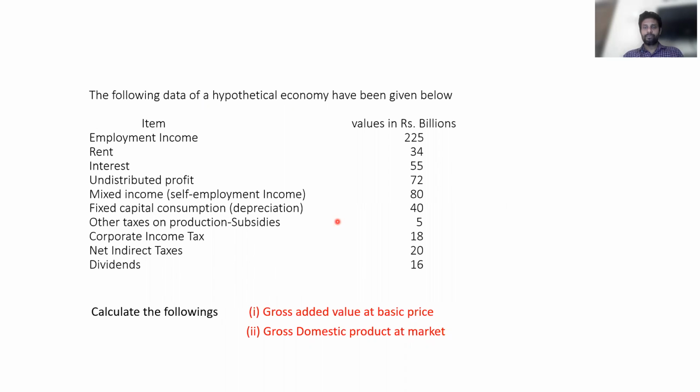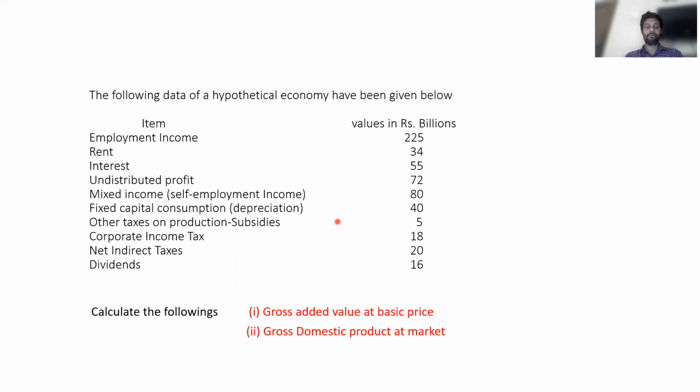Items, value in rupees billion: employment income, rent, interest, undistributed profit, mixed income, fixed capital consumption, other taxes on production less subsidies, corporate income tax, net indirect taxes, as well as dividends. A number of data are given. We are supposed to calculate gross value added at basic price.